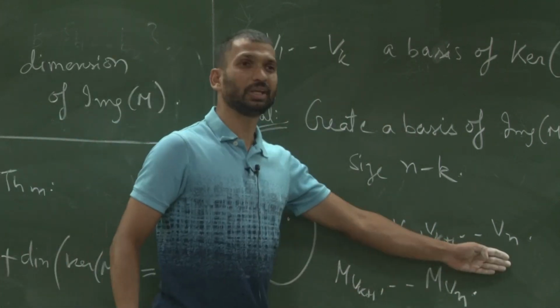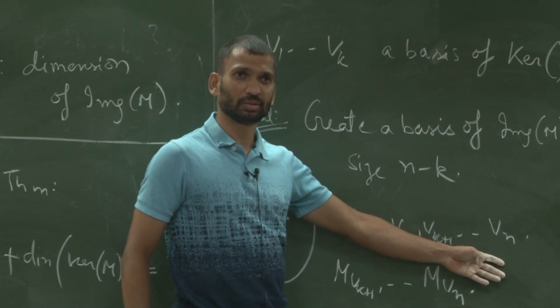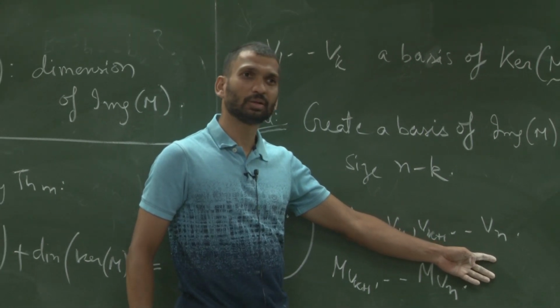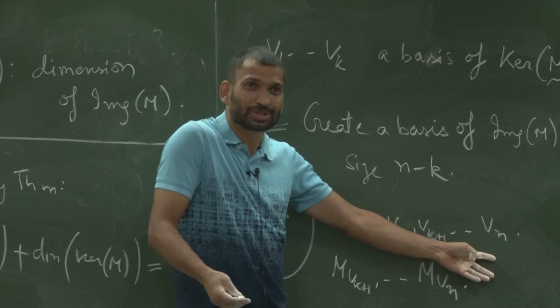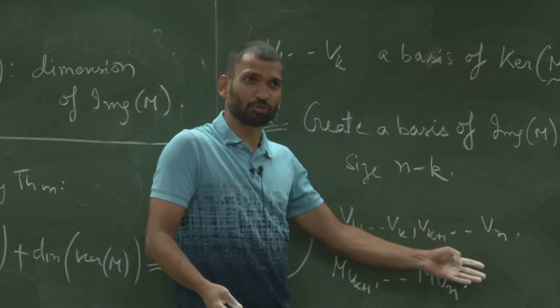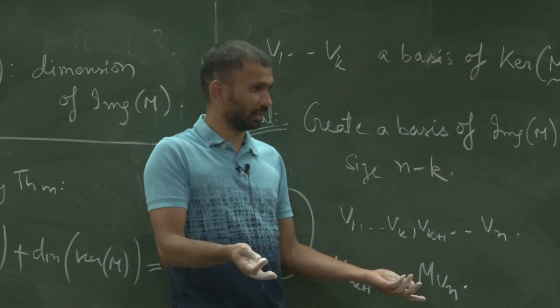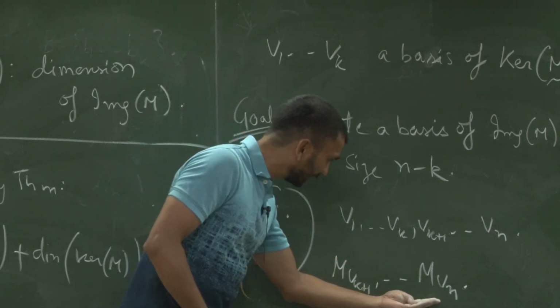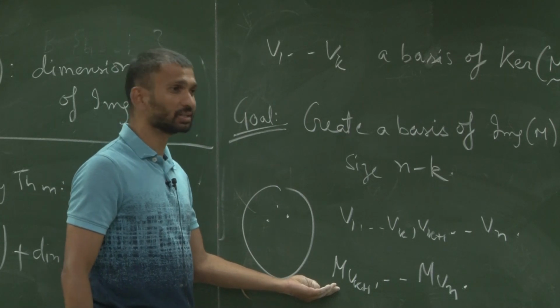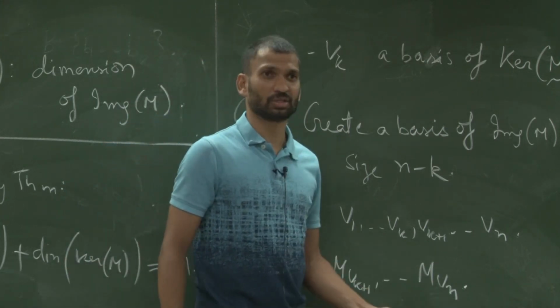Remember, it cannot be vk plus 1 to vn. Why can't it be vk plus 1 to vn? It's the wrong space, right? I have to go to W. And what is the way to go to W? Apply M. Okay? So my claim is that this is the basis of the image.